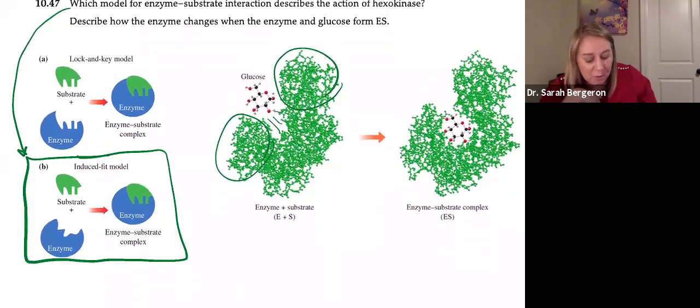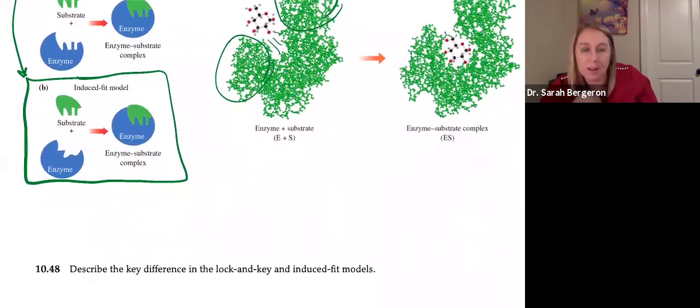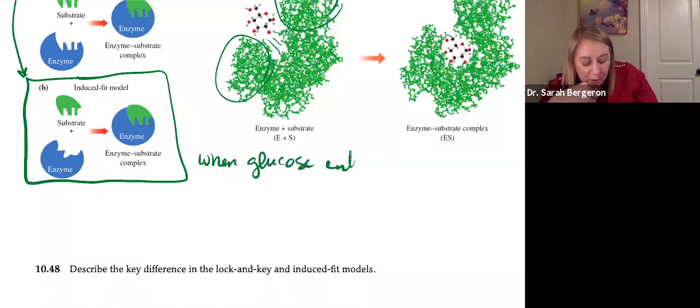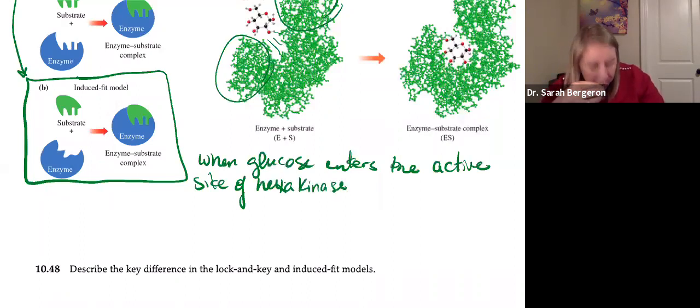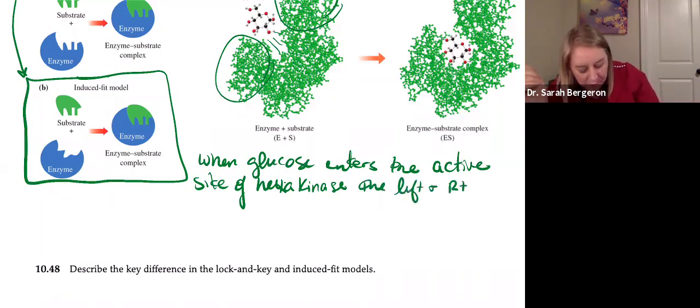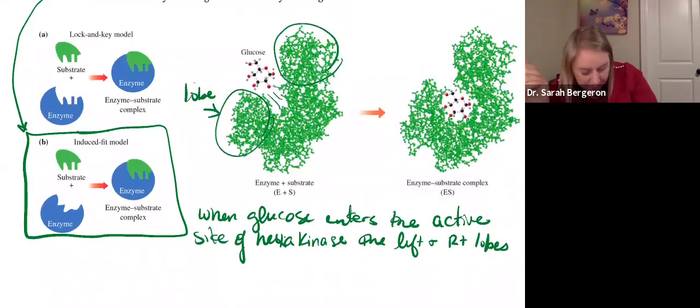So describe how the enzyme changes when the enzyme and glucose form the enzyme substrate complex. So the first thing is that glucose has to enter. So when glucose enters the active site of hexokinase, what's going to happen? Well, the enzyme has lobes, the left and right lobes, and that's what I kind of circled. This is a lobe and this is a lobe.